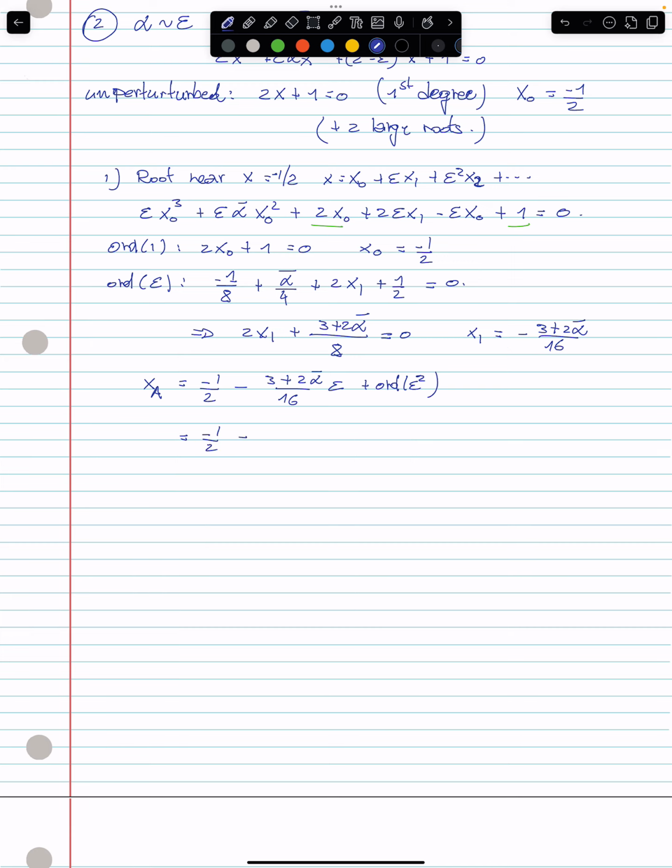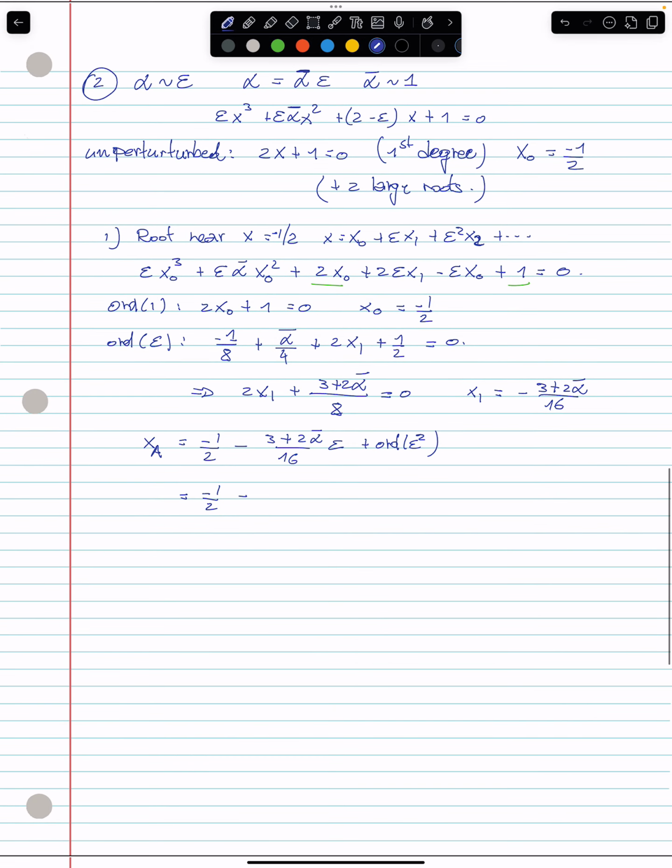Alpha bar was defined as alpha over epsilon. So we have minus alpha over 8, minus 3 epsilon over 16, plus terms of order epsilon squared.